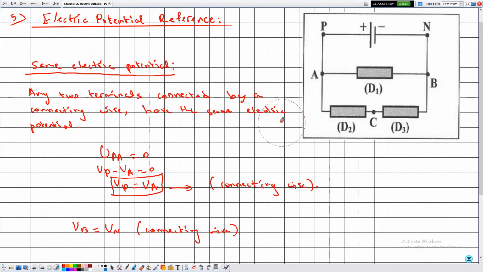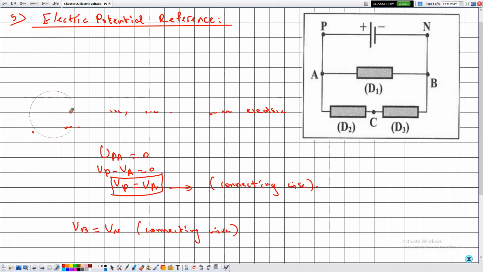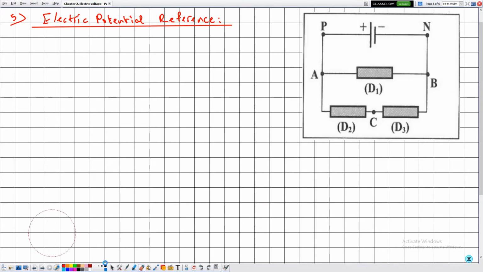Now let me also explain the following: higher or lower electric potential. So suppose that here we have that UAC is equal to, say for example, 16 volts, okay?